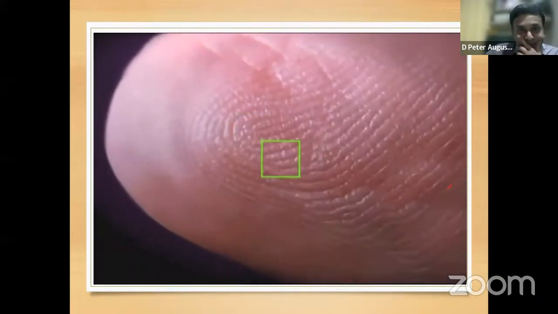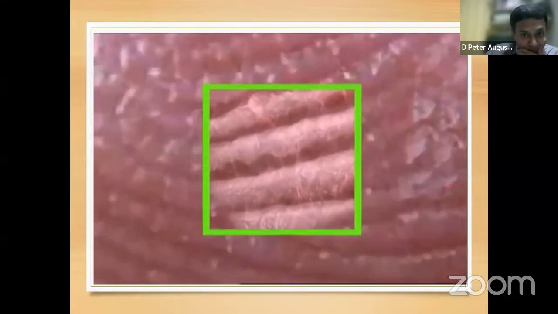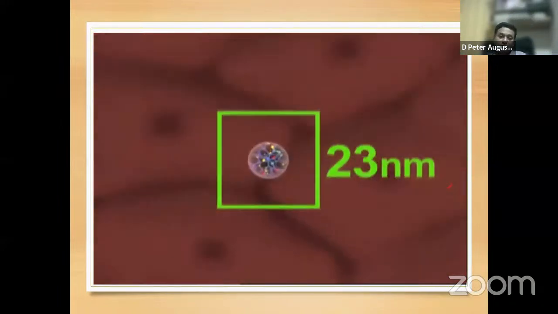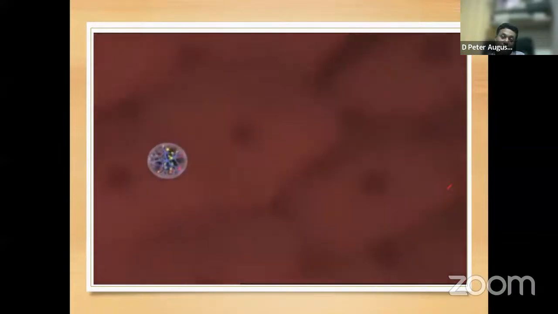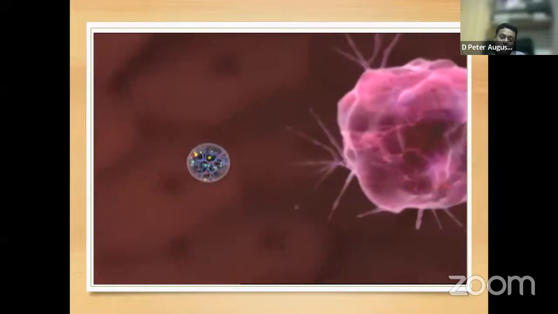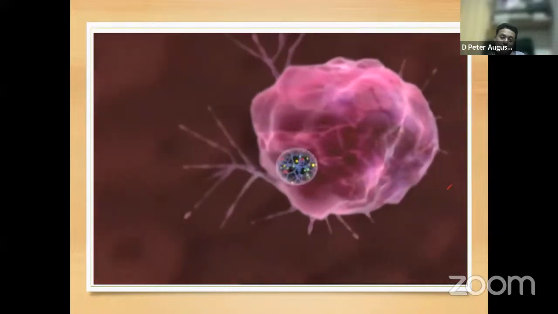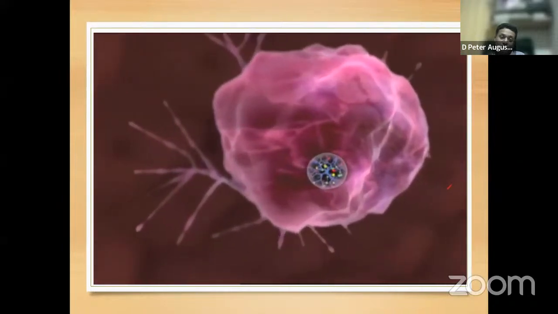Imagine something 80,000 times smaller than the breadth of a ridge on a fingertip, unlocking a new frontier into cancer research. Nanotechnology, the science of building small, is changing the way we look at cancer. More importantly, the way we look at diagnosis and treatment.